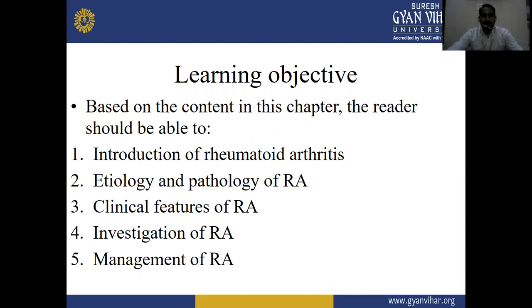Based on the content in this chapter, the reader should be able to understand the introduction of rheumatoid arthritis and etiology, the pathology of rheumatoid arthritis, the clinical features of rheumatoid arthritis, the investigation of rheumatoid arthritis, and the last objective is management of rheumatoid arthritis. These are the learning objectives of rheumatoid arthritis.